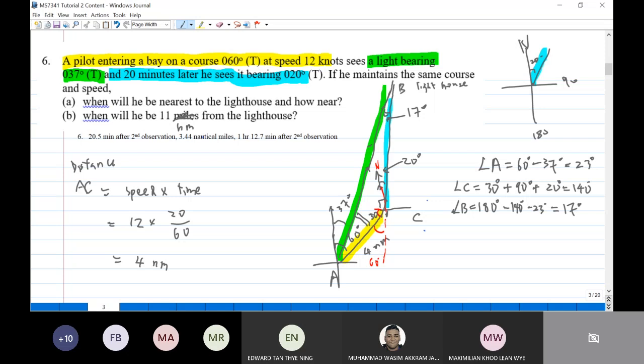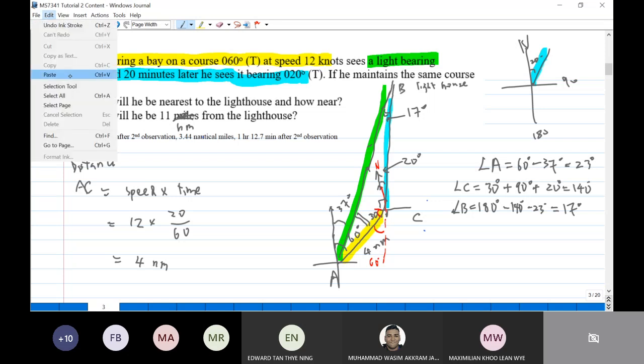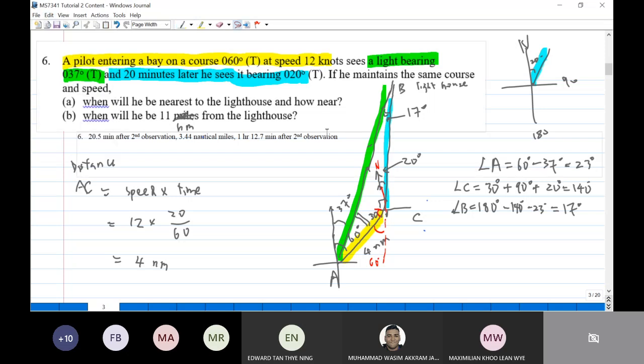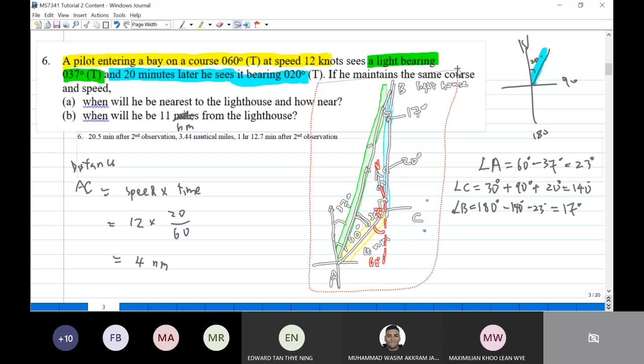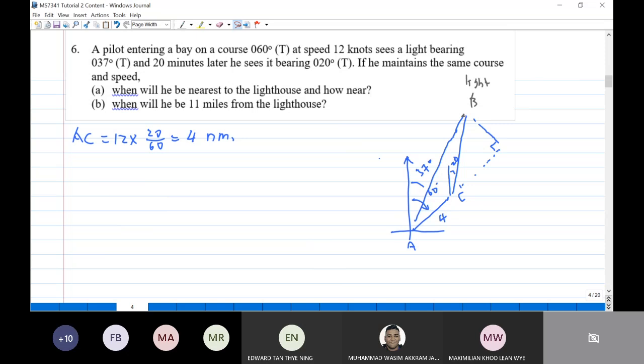I'm going to go to the next page, copy this and make the diagram simpler. Insert a new page first.